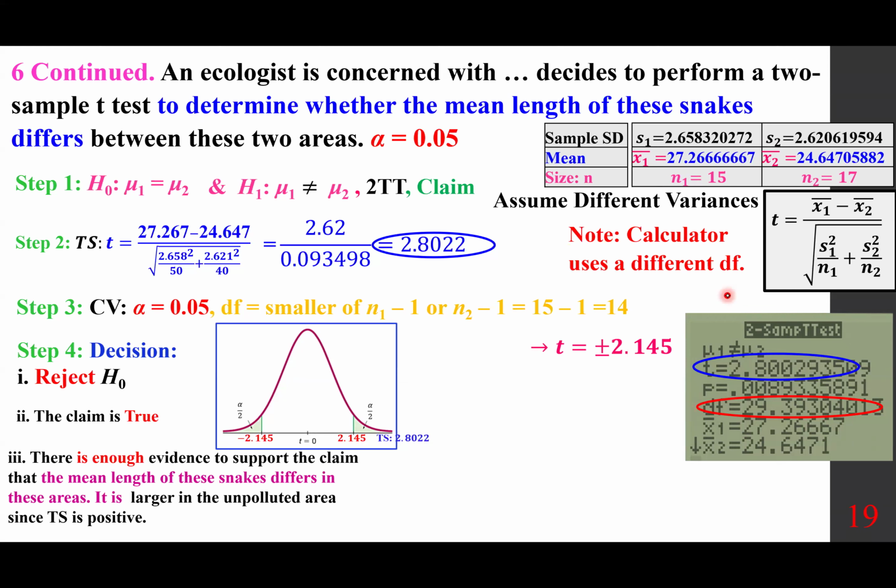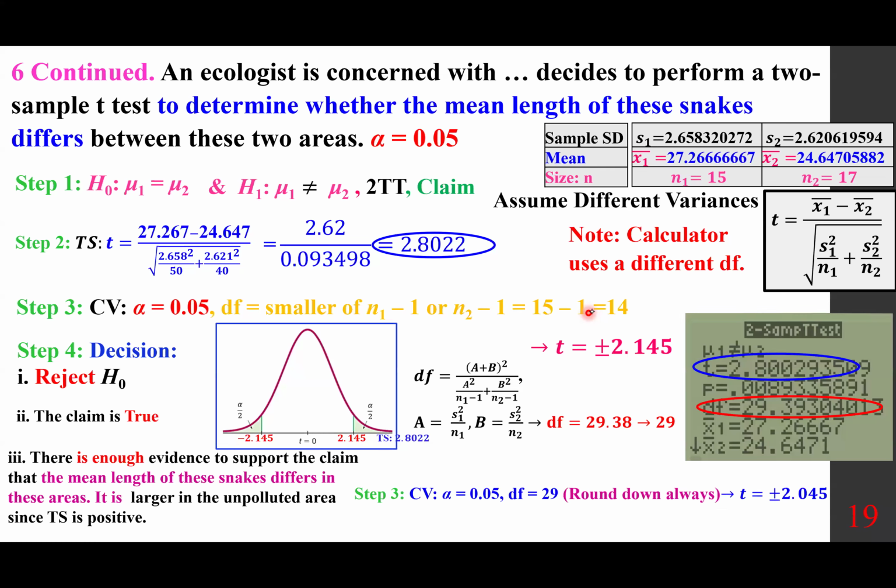The calculator uses different degrees of freedom because of the formula df equals (a plus b) squared over a squared over n1 minus 1 plus b squared over n2 minus 1. Here's a, here's b, and the degrees of freedom will be calculated if you go through this process. Because it's a little bit complicated, you can do it with the method that was discussed. But anyway, 29.